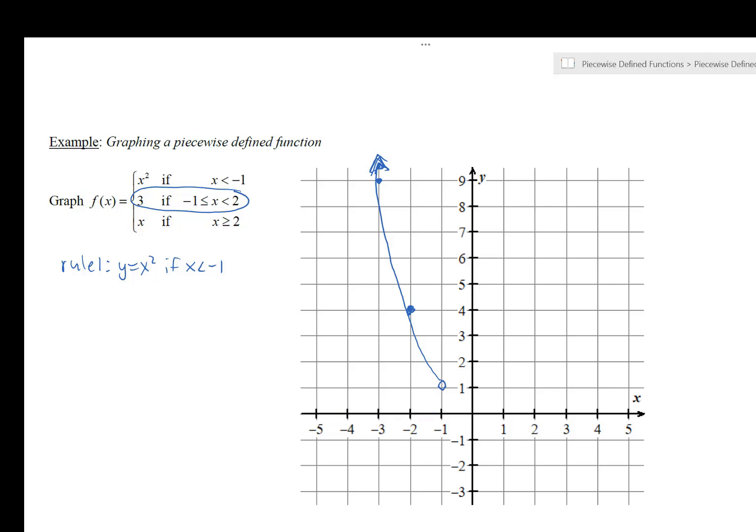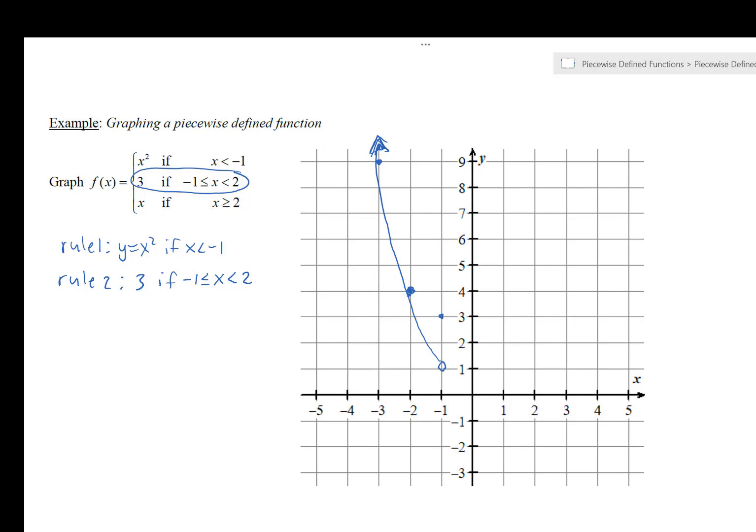Second rule, rule 2, is the rule just 3. And that's true if x is equal to -1 and all the way up to 2. So now at x is -1, we're going to draw a dot at 3 as the output because it obtains that value there. When x equals -1, the rule is 3.